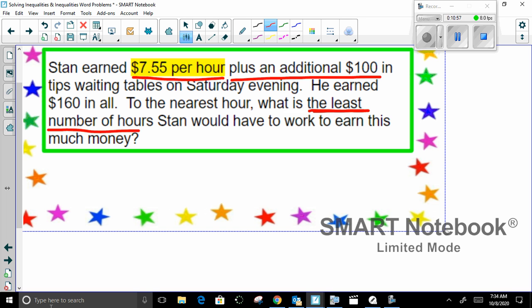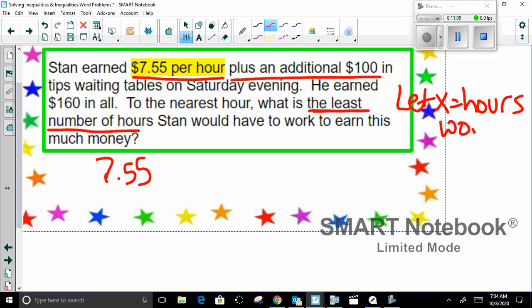Okay, so he did $7.55 per hour. Do I know how many hours? I don't. So I'm going to let x equal hours worked. All right, so 7.55x plus his additional $100 that he got in tips, so plus 100.